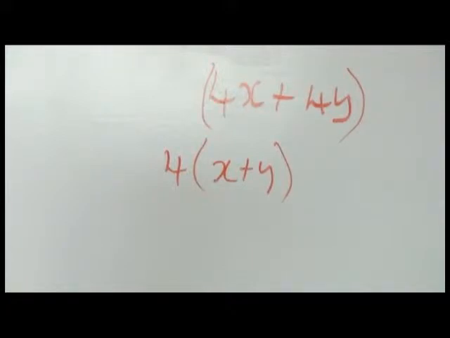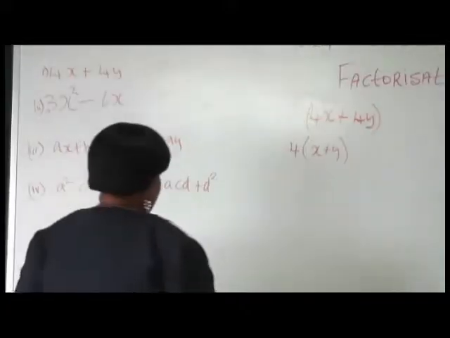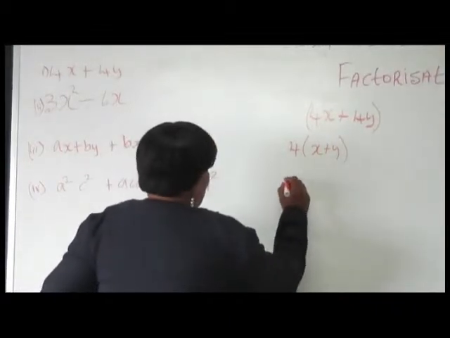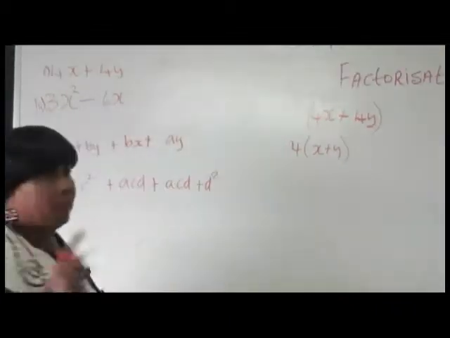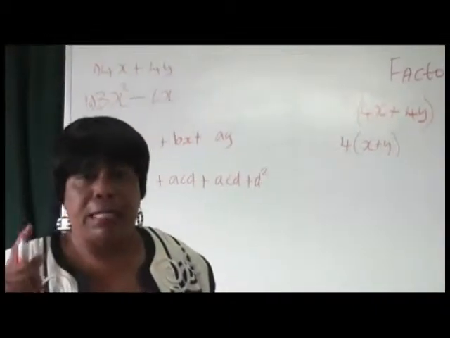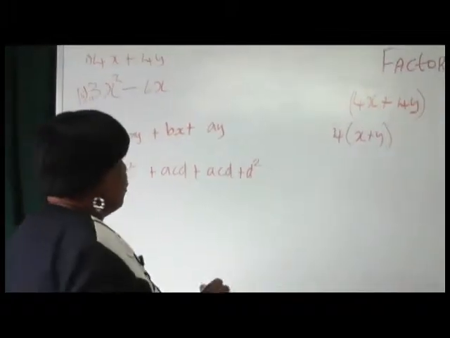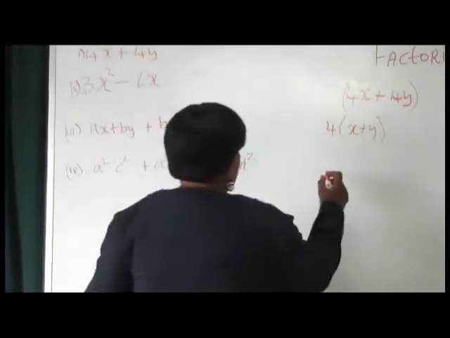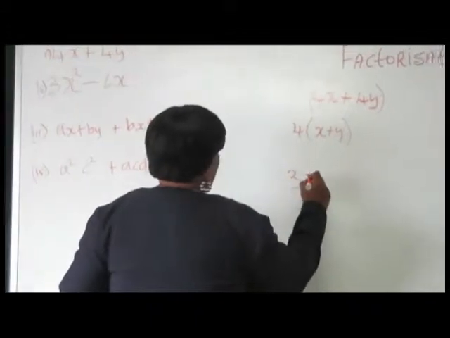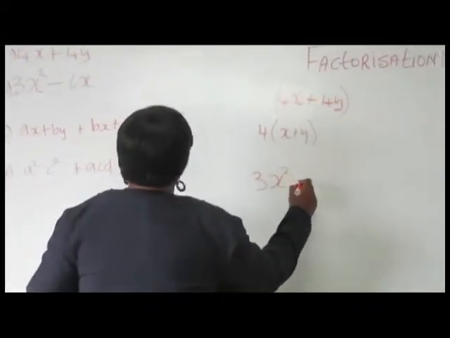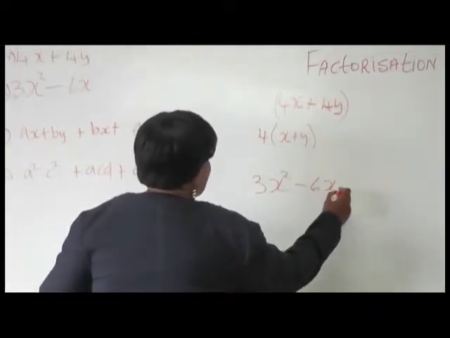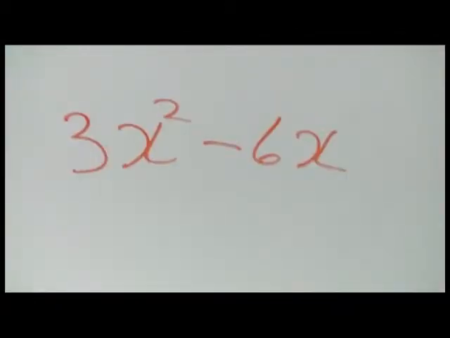From that one we would go to another one, and all of these follow our distributive law. So if we had 3x squared minus 6x and were asked to factorize that, what would we be doing?